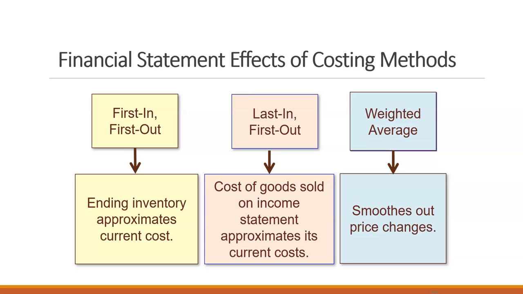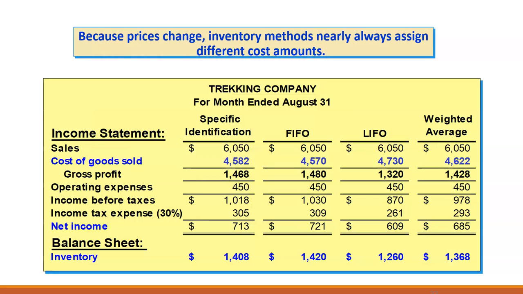And weighted average smooths out price changes over our inventory for the entire year. We recognize that inventory can cost different amounts at different times, depending on if we can get discounts, prices go up, if there's higher demand, or a shortage of inventory.